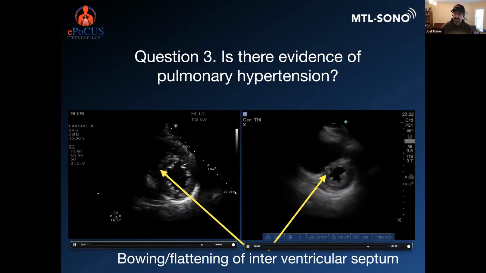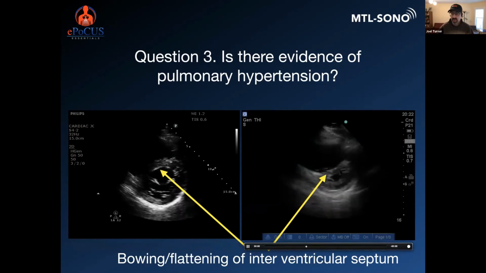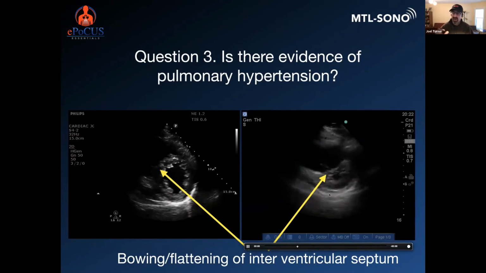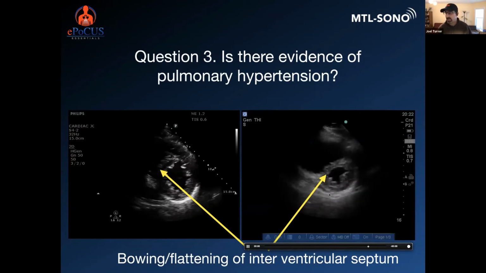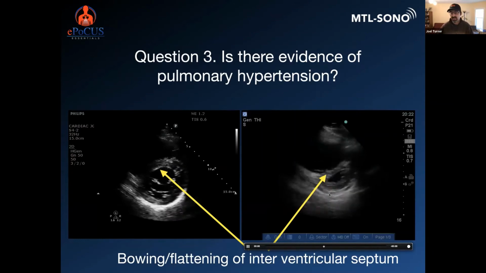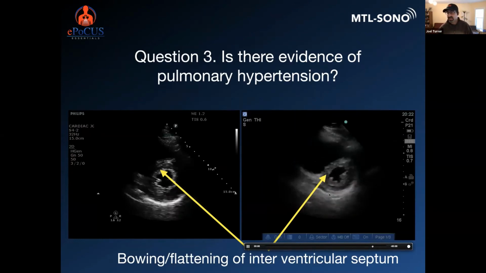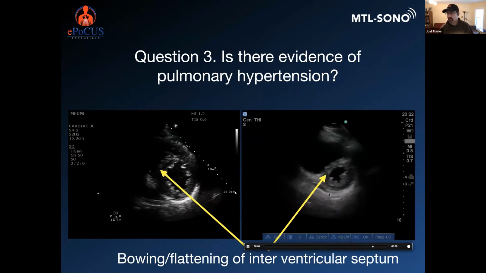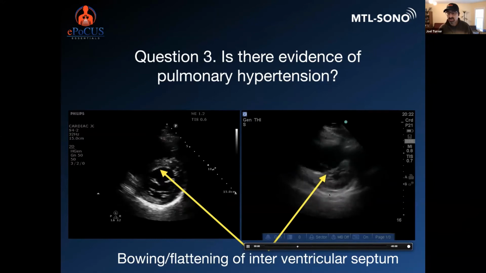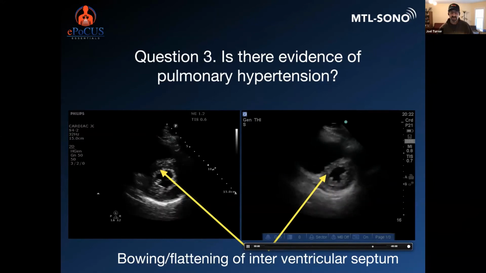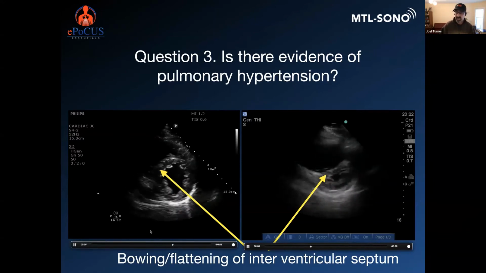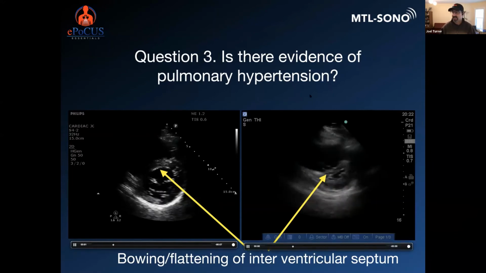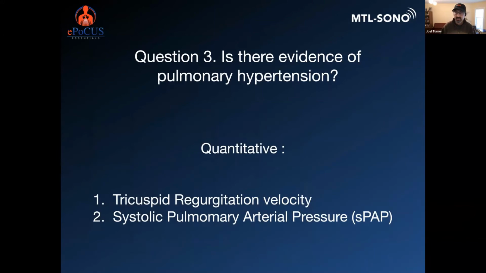But if you look at the image on the right, you can clearly see this D-shaped image where there is high pressure from the right ventricle pushing against that interventricular septum. Clearly this is giving you an indication that something is going on. There is either volume overload or a pressure overload from the right ventricle, suggesting something bad going on in the right ventricle. And so that should be one of your first qualitative ideas that something is going on.